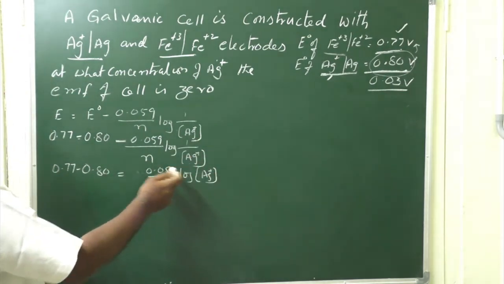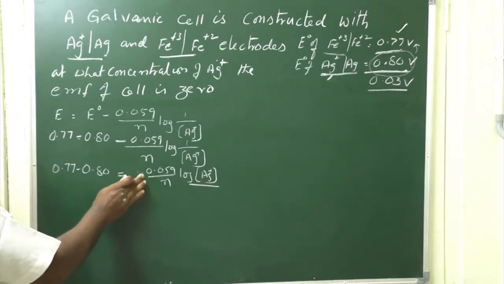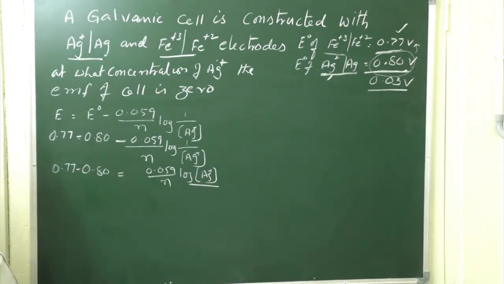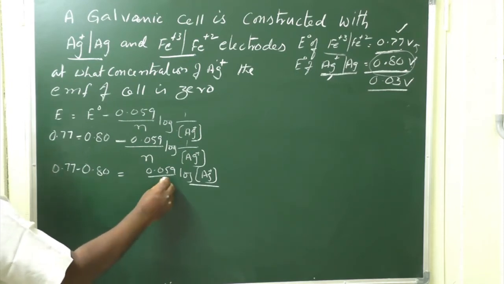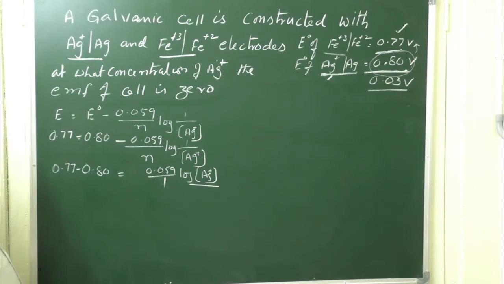Instead of 1 by Ag plus, I am taking log Ag plus, so that this minus will become plus. Now the number of electrons is equal to 1, so simply we can write it as 0.059.